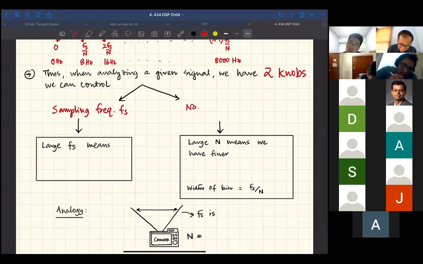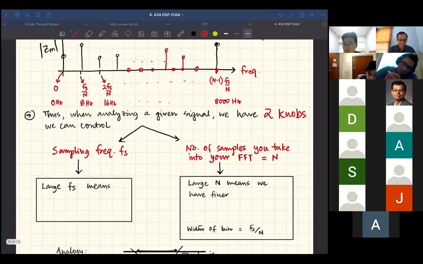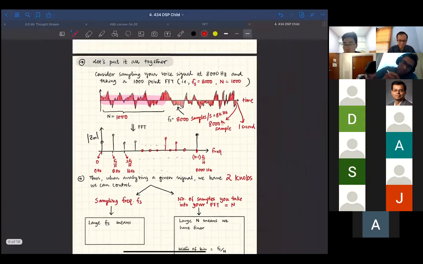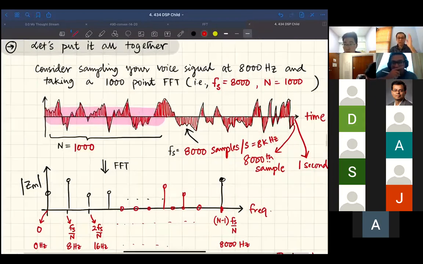The other is the number of points or number of samples you take into your FFT, which is N. You have a signal, you can sample it fast, which is Fs, one parameter you have to choose. And then you have to say how many samples am I going to take for the FFT? That is the N that you have to choose.